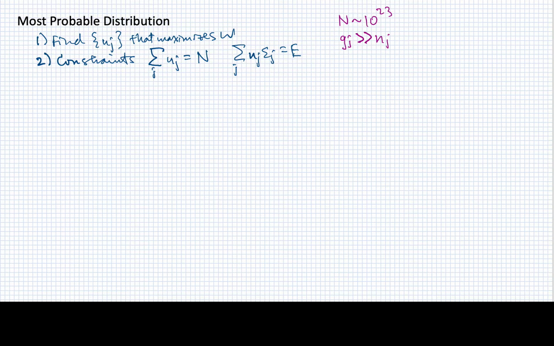It turns out this is necessary given some of the assumptions we made in developing our formula for W, and this condition helps make that formula accurate. I'm not going to belabor that point too much, but I want you to be aware of it.